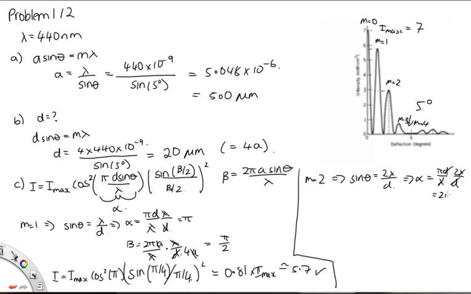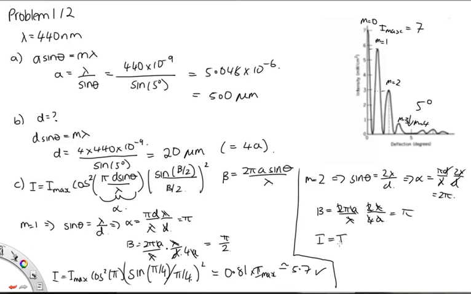So this is equal to 2 pi. And beta is equal to 2 pi a over lambda sine theta, so that's 2 lambda, and instead of d let's put 4a. So these numbers cancel, the a's cancel, the lambdas cancel, and we end up with beta is equal to pi.